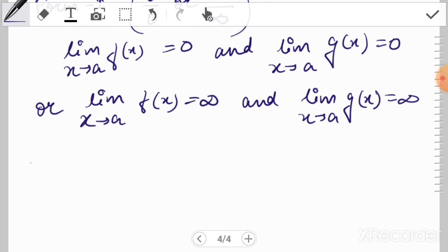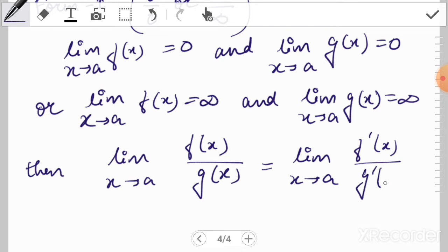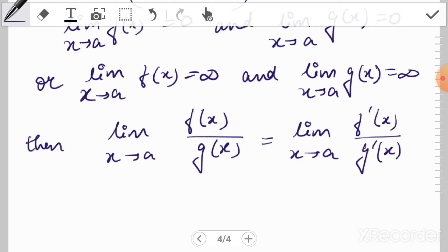Then limit x tends to a f(x) by g(x) is equal to limit x tends to a f dash(x) by g dash(x). Okay, so here we used L'Hospital's rule.